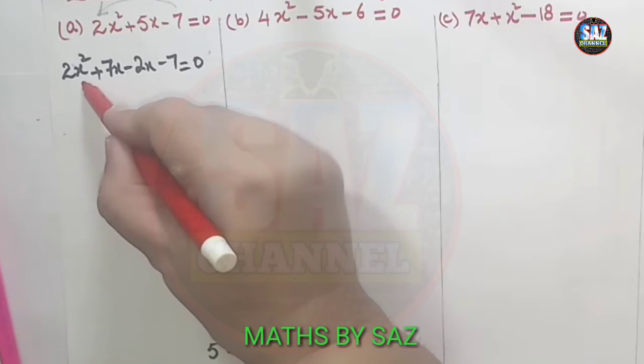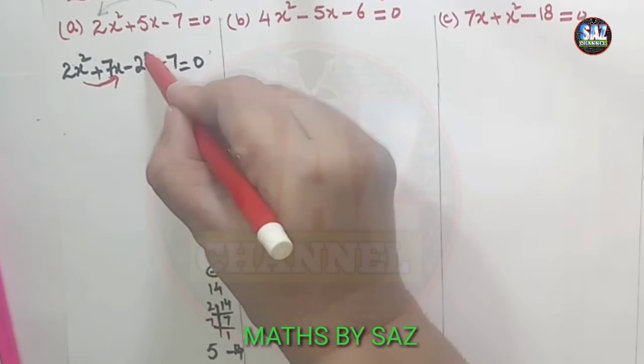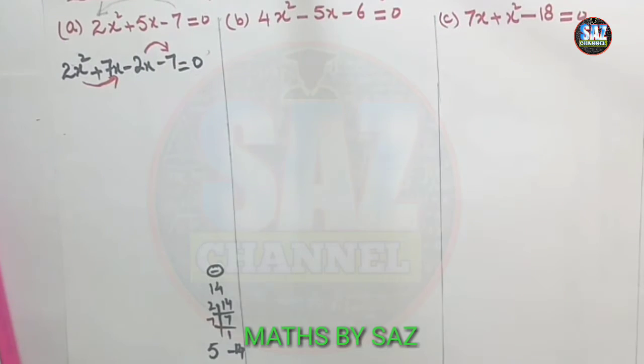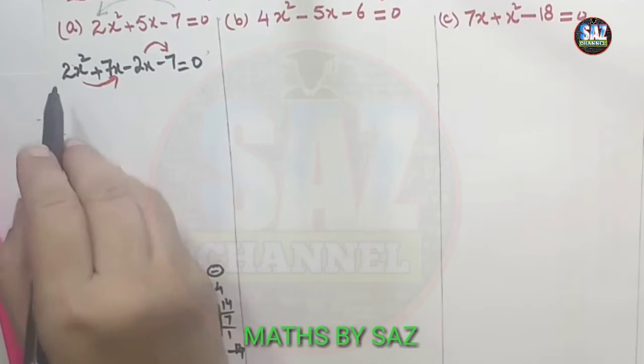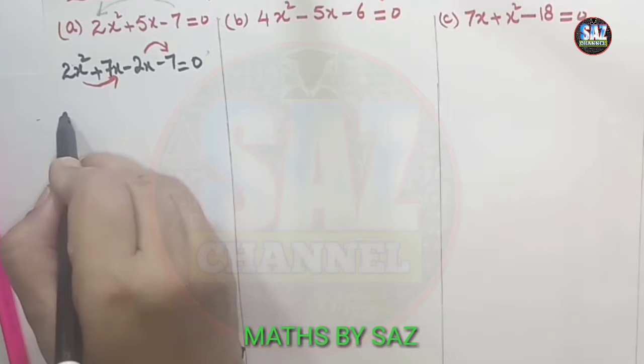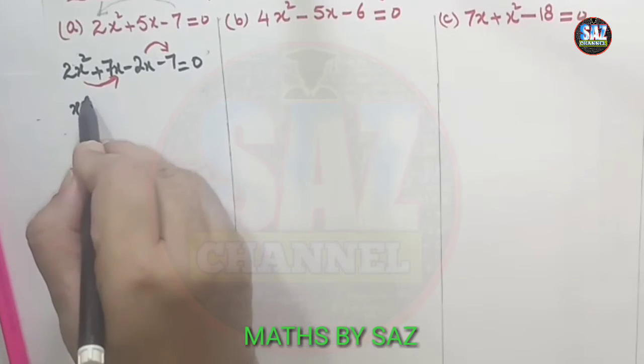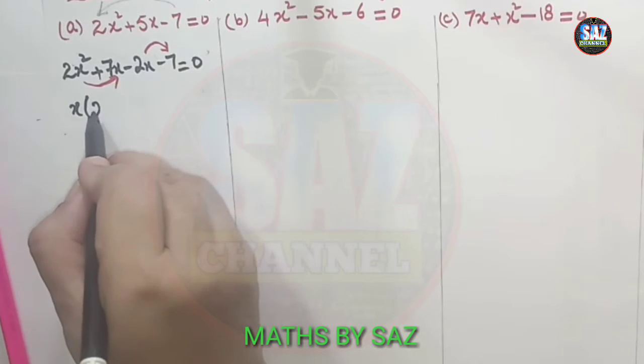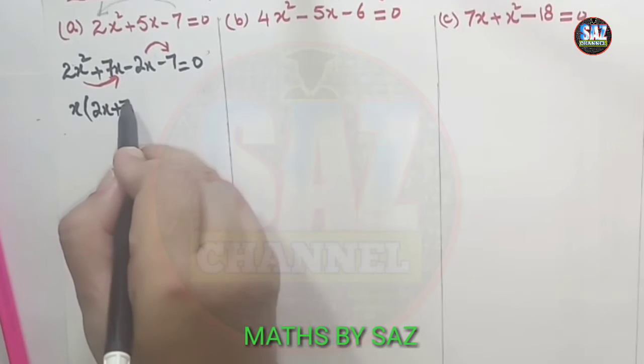So I'm making groups of like terms, and from each group I extract something common. From 2x square plus 7x, x is common, I'll write it outside, and inside the bracket I will be left with 2x plus 7.